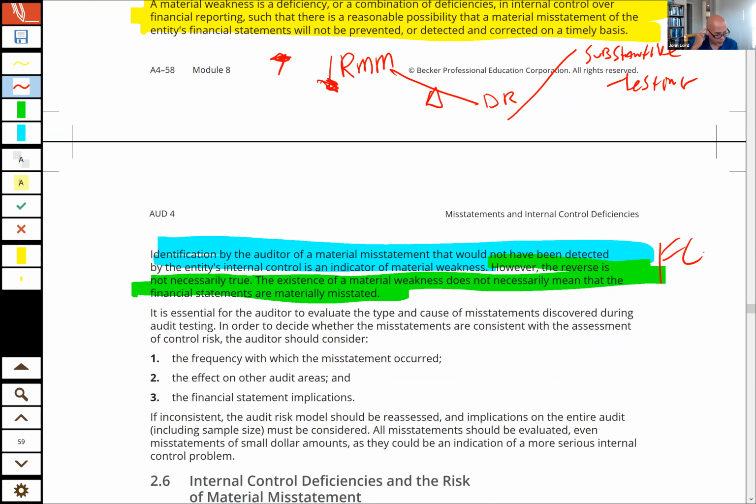So you may have the weakness. So what? Because you drive drunk, does that mean you're going to have an accident? No, but the statistics are it's going to happen. That's why it's not legal to do such, right? So just because you have the weakness doesn't mean there's been the misstatement. If there's been an accident, then they're going to test your blood level for alcohol, right?